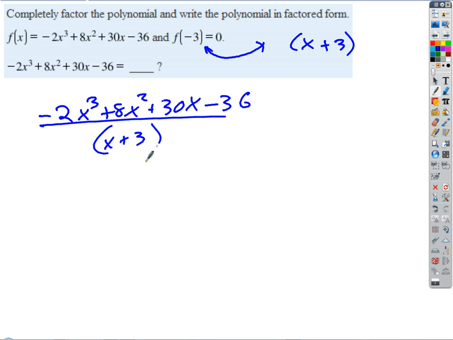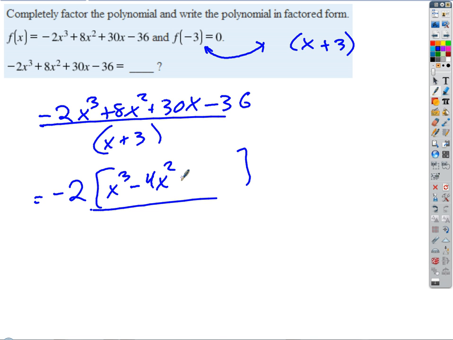Now, there still is a common factor on top, isn't there? I can take out a -2, and I should do that. So we could write this then as -2 times what? x cubed minus 4x squared minus 15x plus 18.